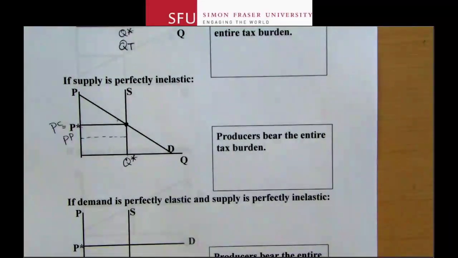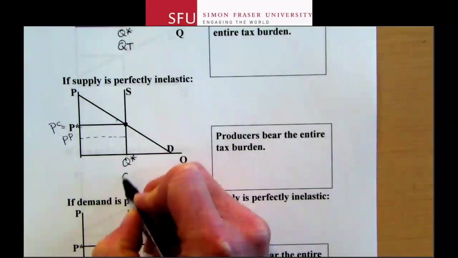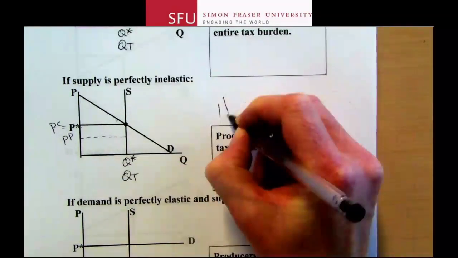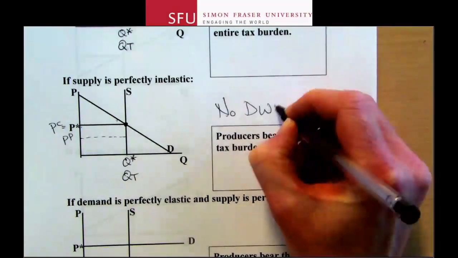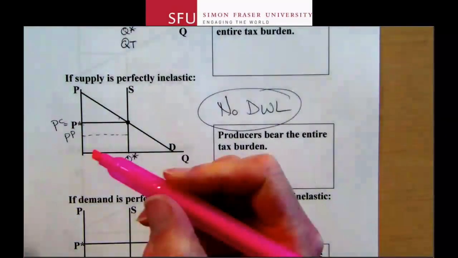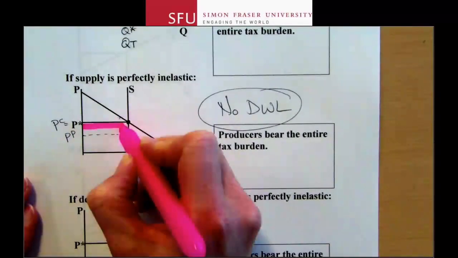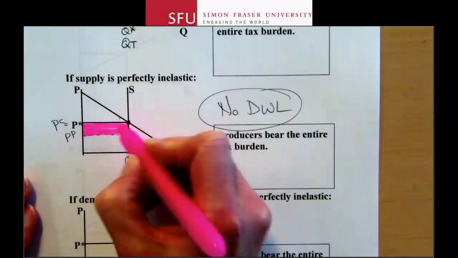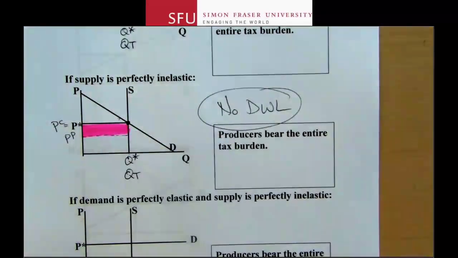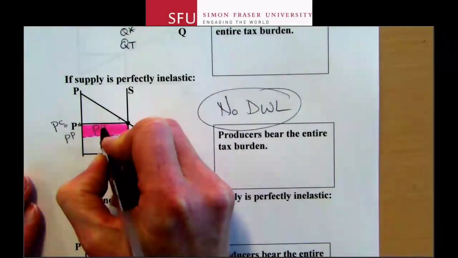Okay, so we have no deadweight loss because the quantity will not change. The quantity is still QT. And this will be producer incidence then. So the producer will pay that tax.